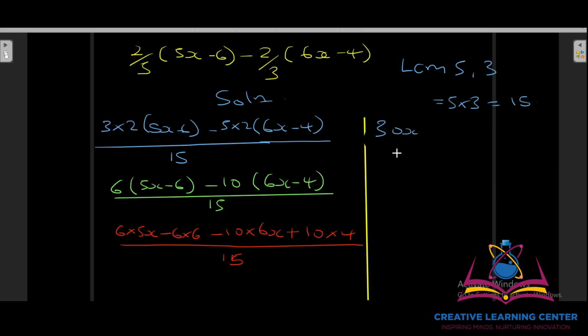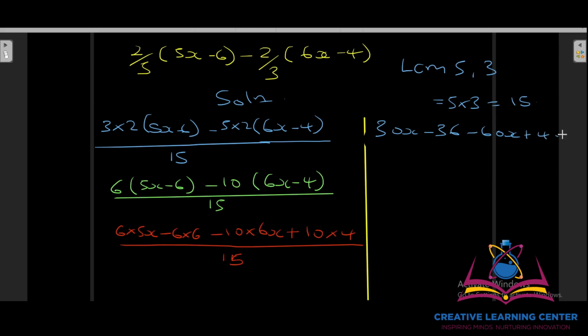And then 30x, you subtract off 6 times 6, it must give us 36. And then if you come back here, negative 10 times 6x, it must give us negative 60x. And lastly, 10 times 4, it must give us 40.